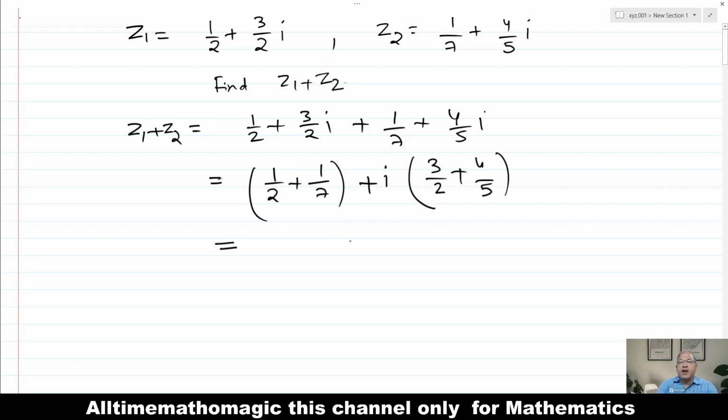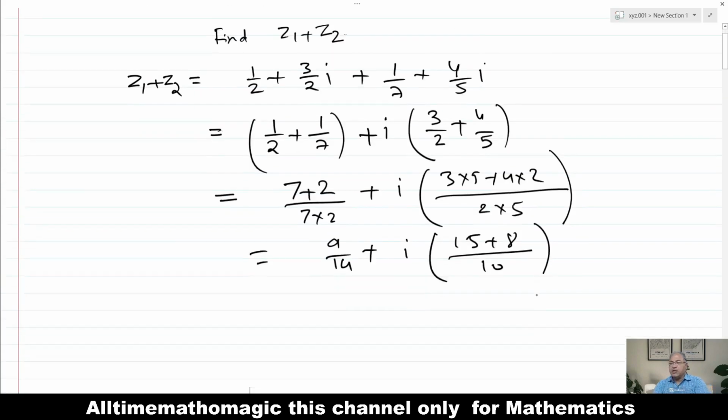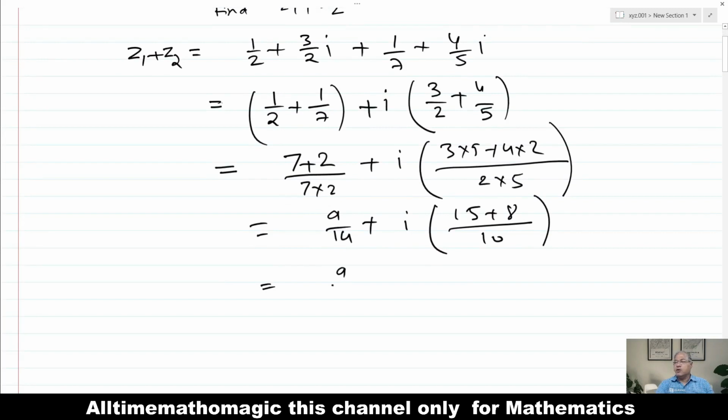After that we add the fractions as usual, that is 7 plus 2 upon 7 into 2, plus i times 3 into 5 plus 4 into 2 upon 2 into 5. So that equals 9 upon 14 plus i times 15 plus 8 upon 10, that is 9 upon 14 plus 23 upon 10i.